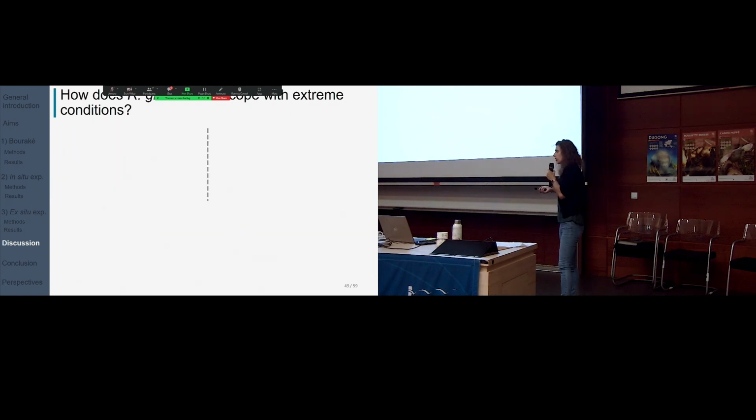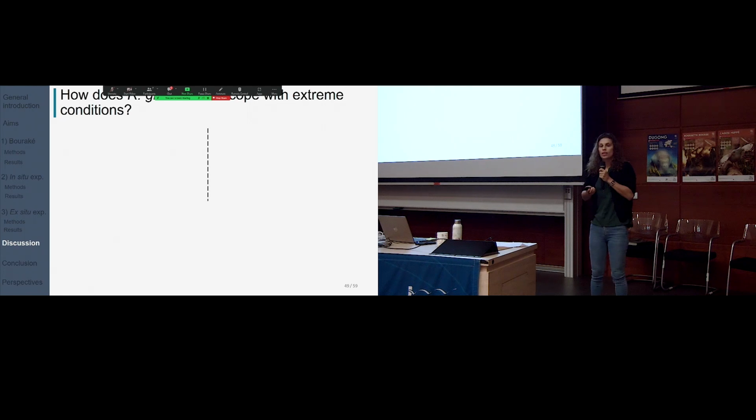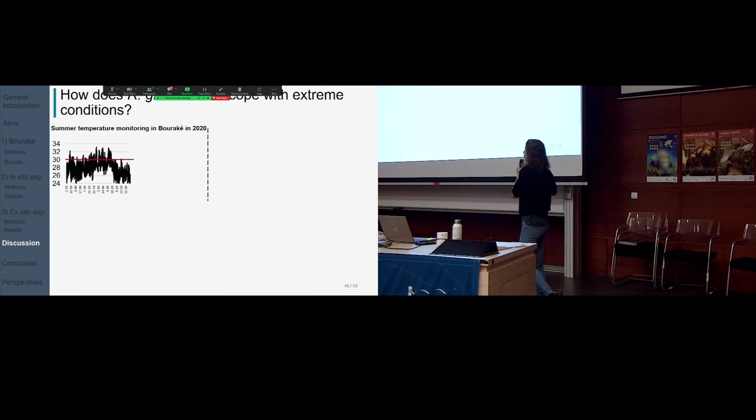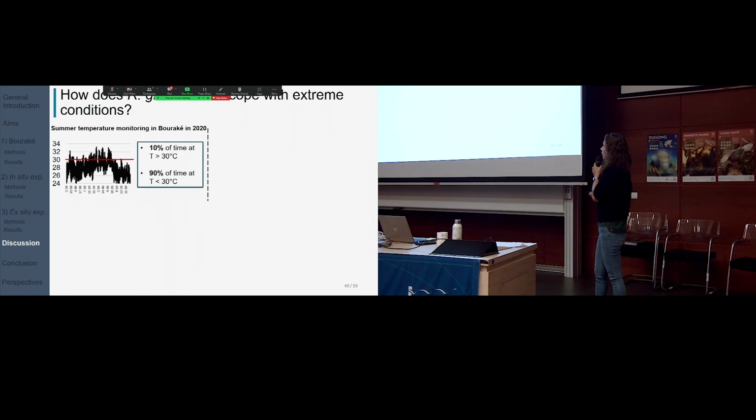I always talk about the extreme environmental condition, but I also showed you that temperature is one of the main drivers in sponge carbon change. If you look into the summer temperature in Buraké, and we choose 30 degrees as a temperature threshold for the sponge, sponges were exposed 10% of the time to temperature higher than 30 degrees.